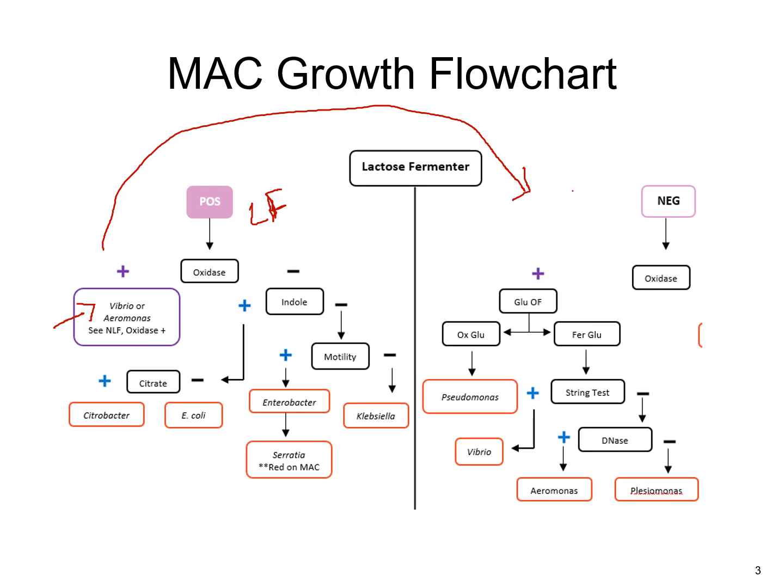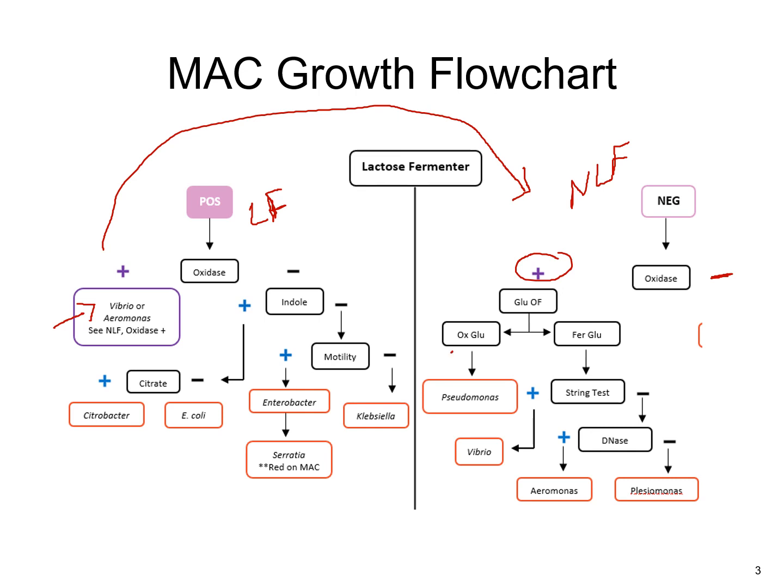So with our non-lactose fermenters, we've already covered the ones that were oxidase negative. If they're oxidase positive, then from there we're going to do some different testing to help figure out which organisms we're dealing with. Next we would do a glucose oxidation fermentation test.